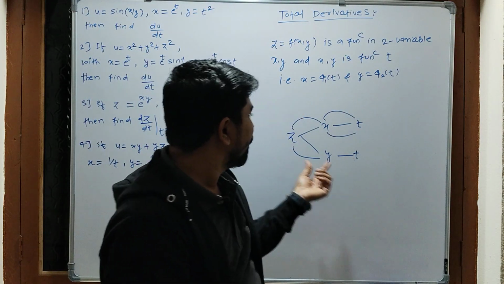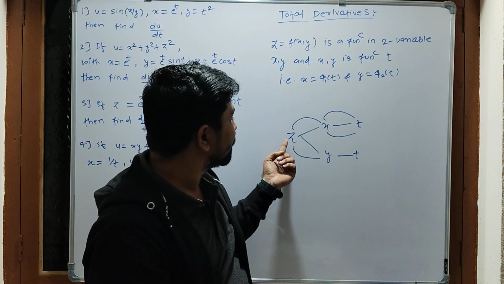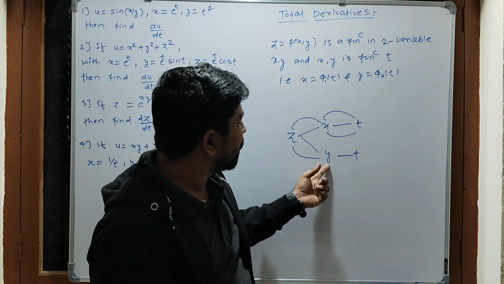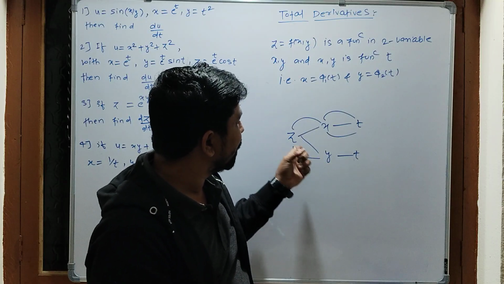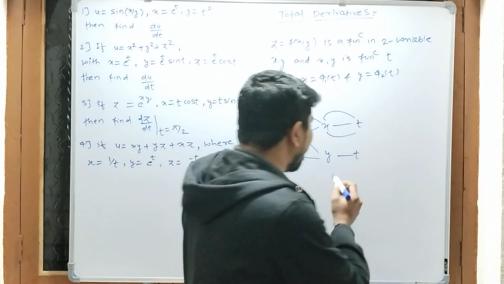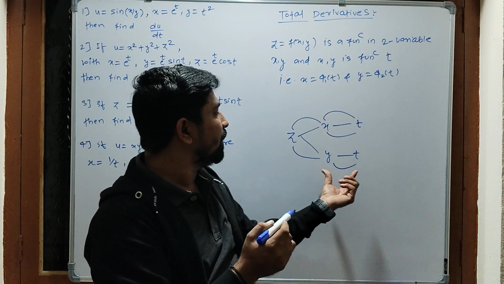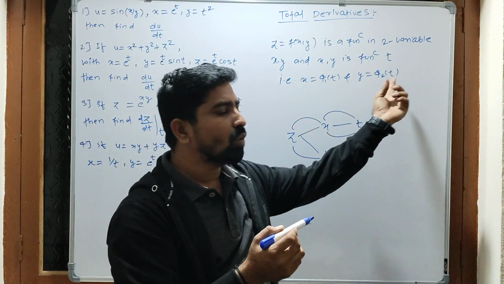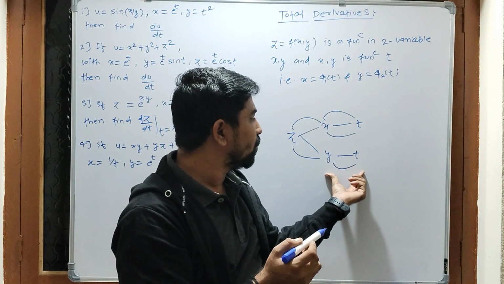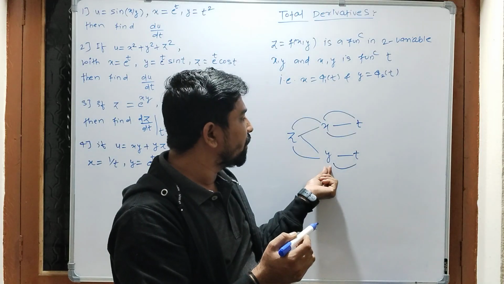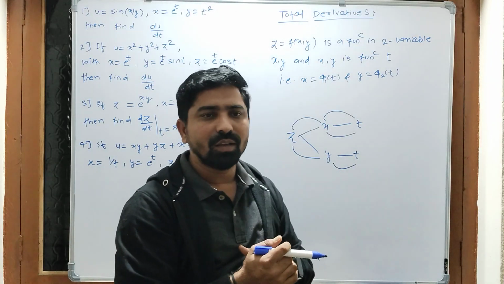In the same way, y equals phi 2 of t. Corresponding to this function phi 2 of t, y is my dependent variable, which depends on t.